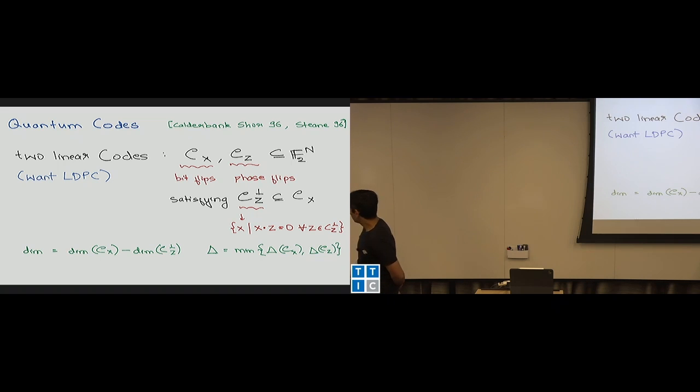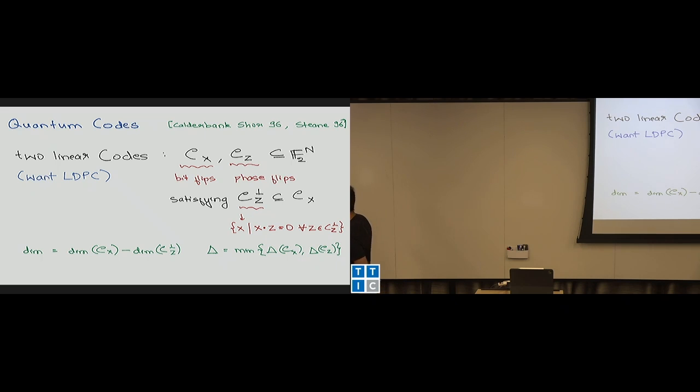With one other property, which is not obvious where it comes from: if we have Cx and Cz as these two classical codes, then consider the space Cz perp, which is the space of all vectors x which have parity 0 with every z in Cz. So Cz forms a parity check matrix for Cz perp.